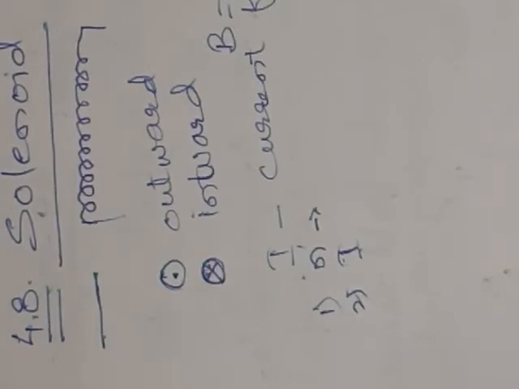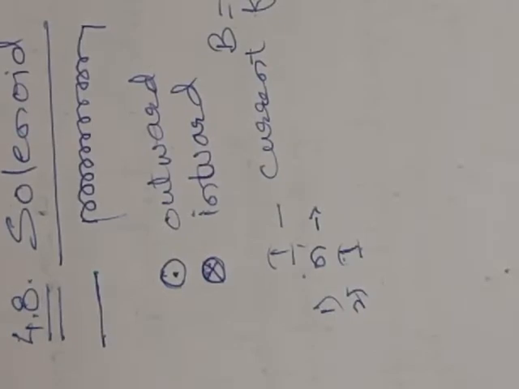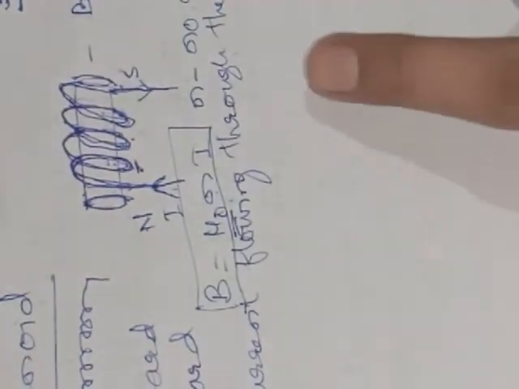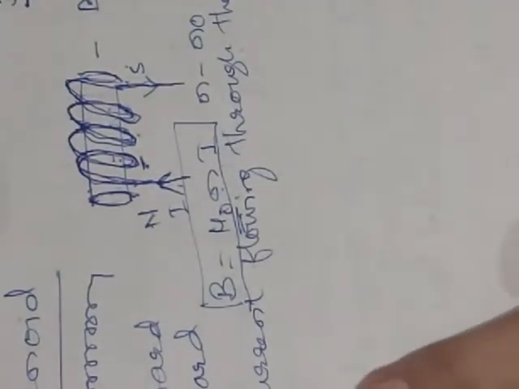Clear? Third thing, the magnetic field which is generated inside the solenoid will always be uniform. The magnetic field inside the solenoid is always uniform, and that magnetic field is given by B is equal to mu naught N I, where N is the number of turns per unit length of the coil, and I is the current flowing through the coil.